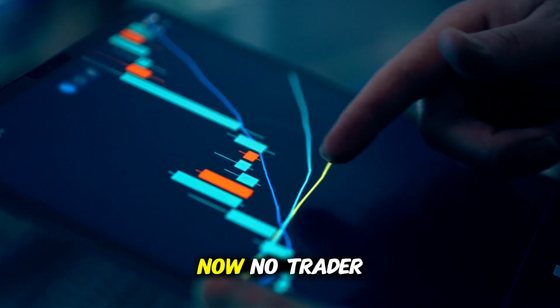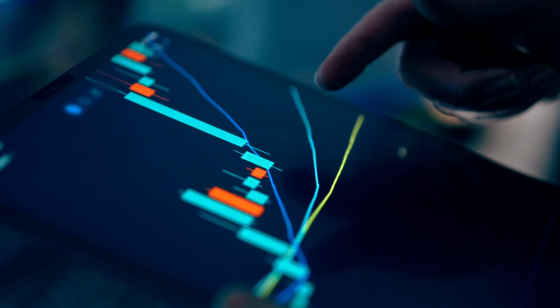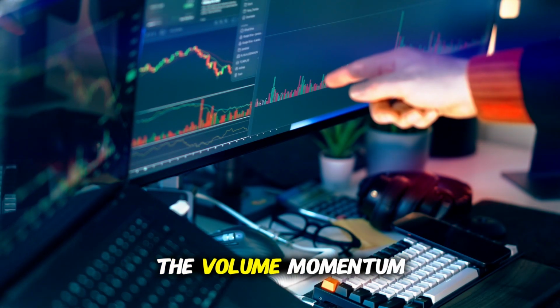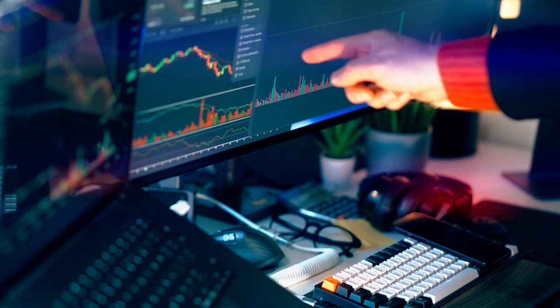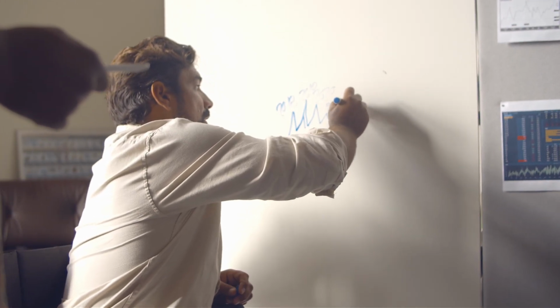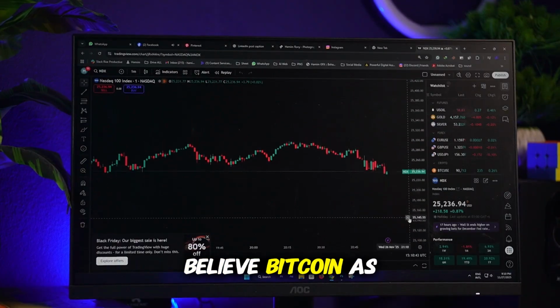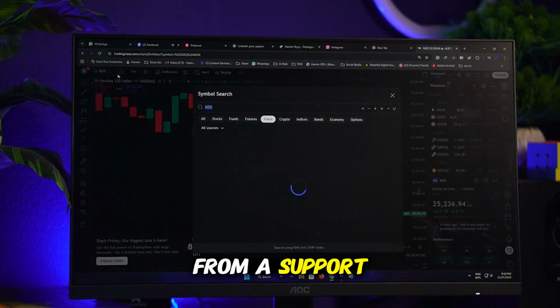Now, no trader knows exactly what will happen next. Instead, traders analyze market structure, volume, momentum, SNR, and other strategies. Then, they create a projection based on probability. For example, a trader may believe Bitcoin has a higher probability of moving up from a support zone.